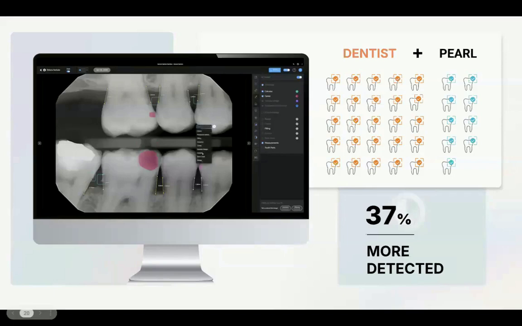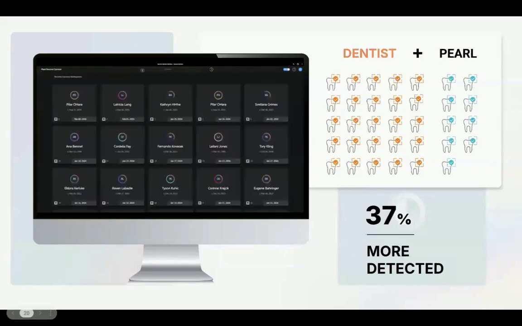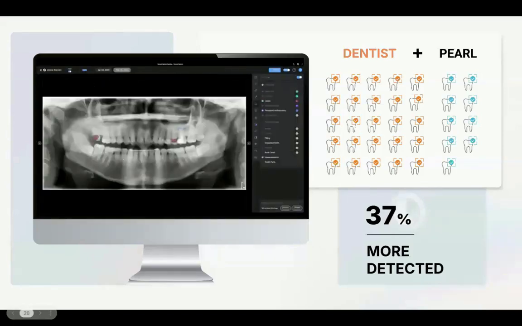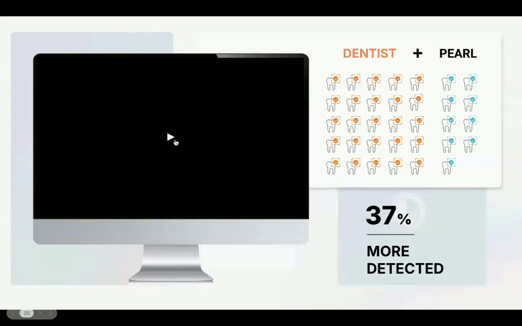So that was really kind of a funny story, but important to be mindful that, again, AI is not here to replace a dentist or diagnose for you. You're not going to be able to fly over to the Bahamas and be on vacation and the AI is diagnosing. That's not the case, right? AI is able to do simple things like find a cavity in shades of gray, and it's not perfect.